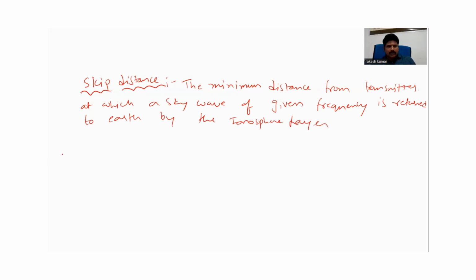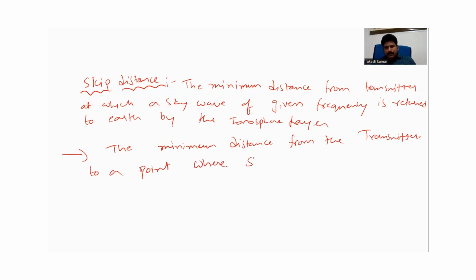This is one definition. Other definition of the skip distance is the minimum distance from the transmitter to a point where sky wave of given frequency is first received.